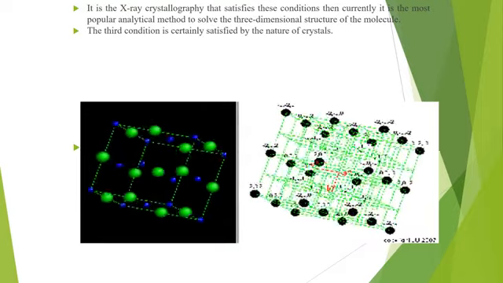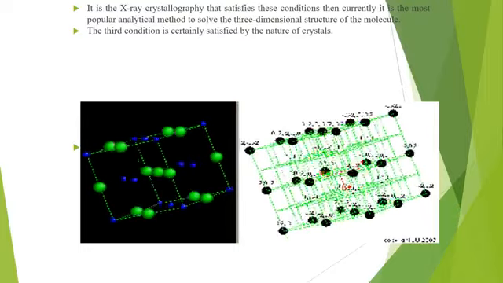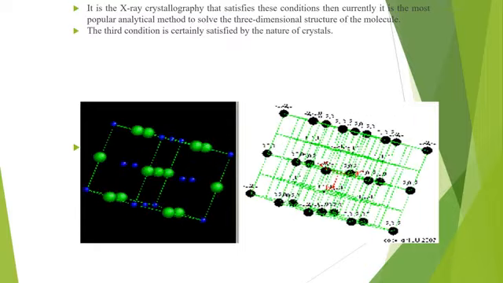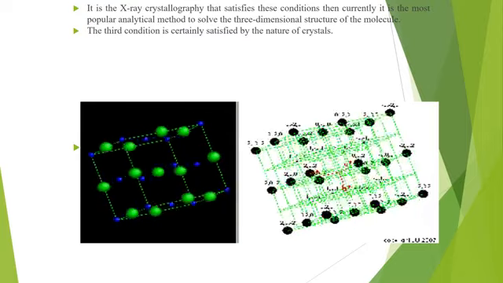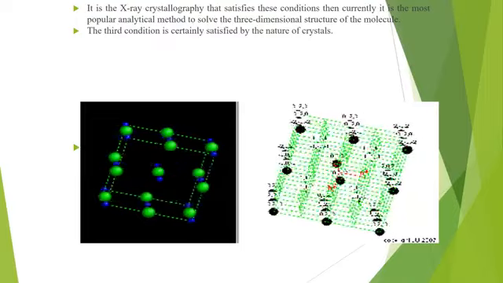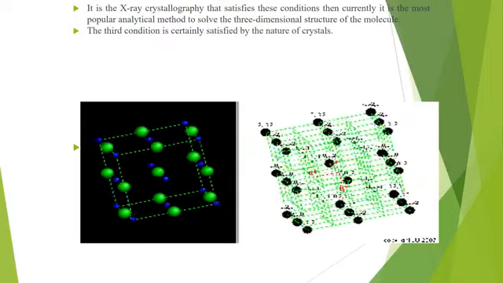The third condition is certainly satisfied by the nature of crystals. So we have different types of crystals, and in these crystals the length between the atoms and the angle between the atoms are different, which divides them into different categories.